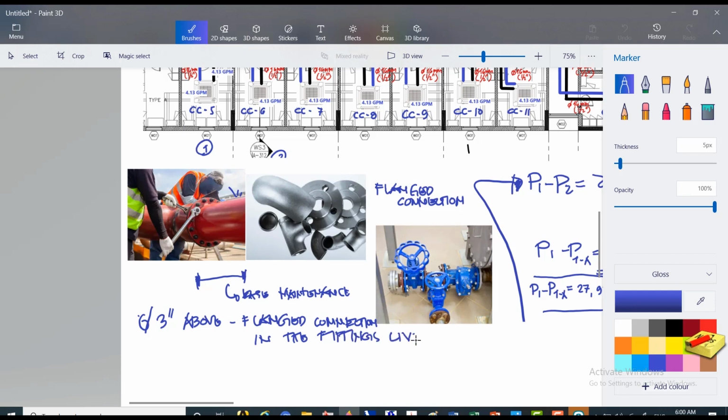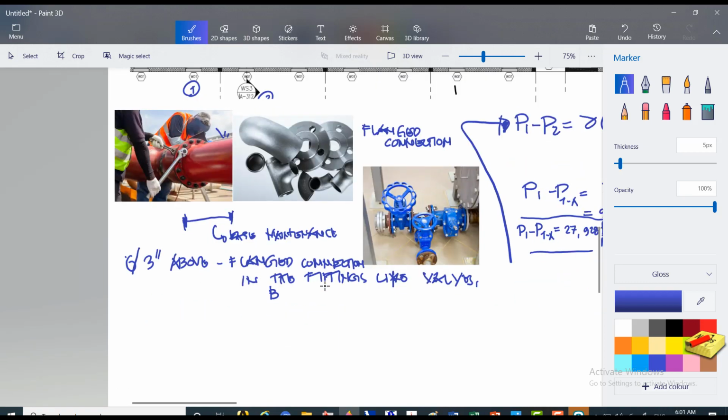Fittings like valves. Okay? So yan, valves, mga valves natin. So that is butterfly valve. We'll show you a picture para we can grasp.